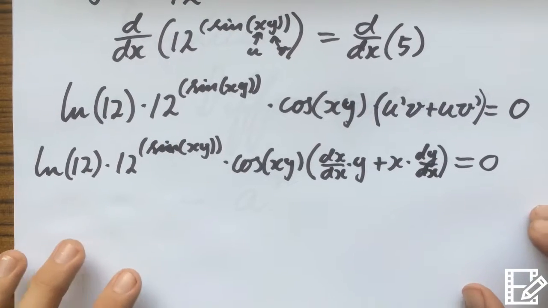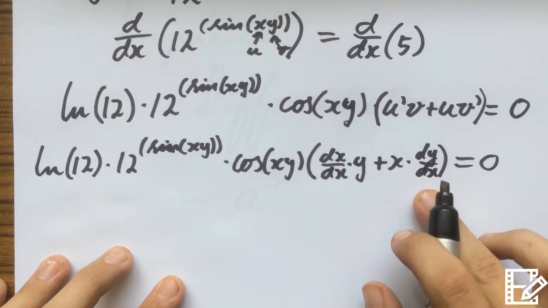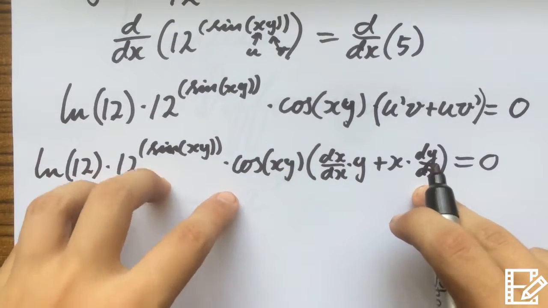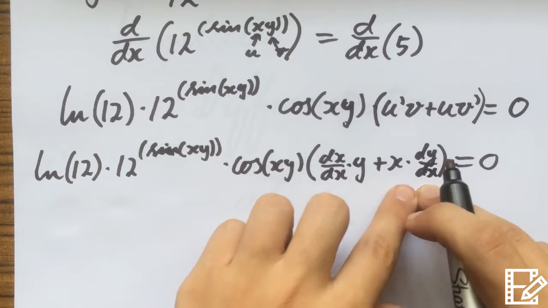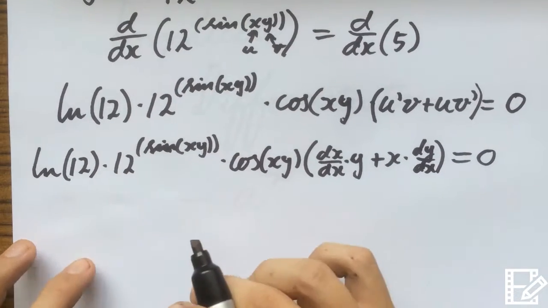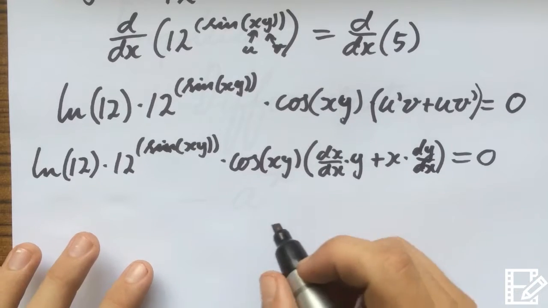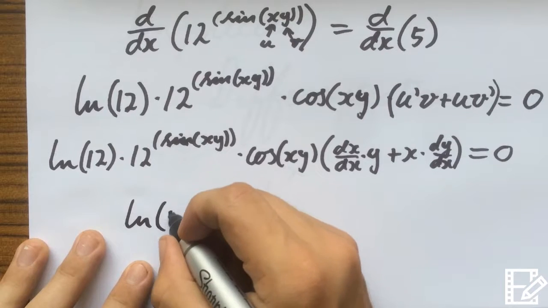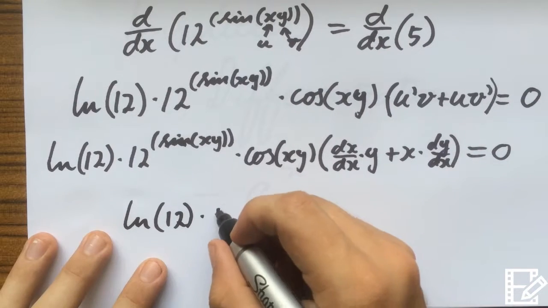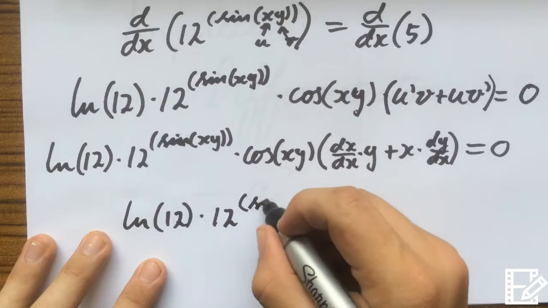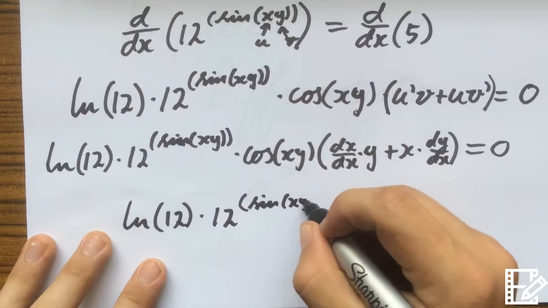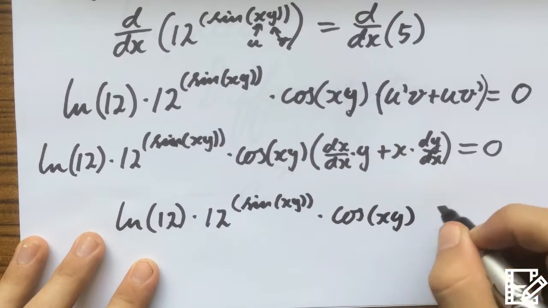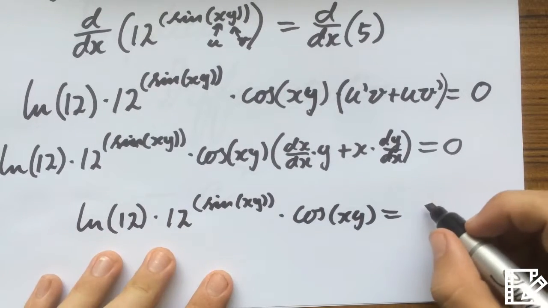This part's going to get long because here's the dy dx. This is the only dy dx. So I'm going to have to expand this whole lot out. To make this short, I'm going to say that ln 12 multiplied by 12 to the power of sine xy multiplied by cos xy equals d.